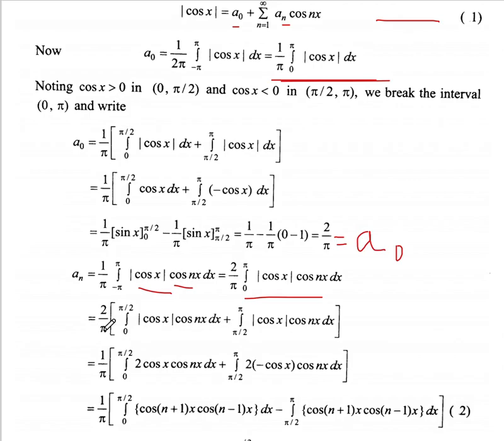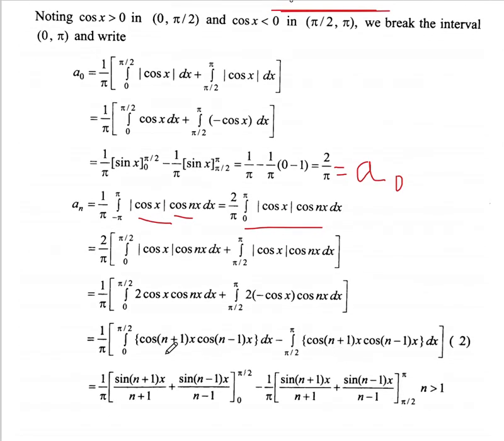So it equals 2 upon pi, integral 0 to pi by 2 of cos x cos nx dx for x greater than 0, plus the integral pi by 2 to pi of cos x cos nx dx for x negative.